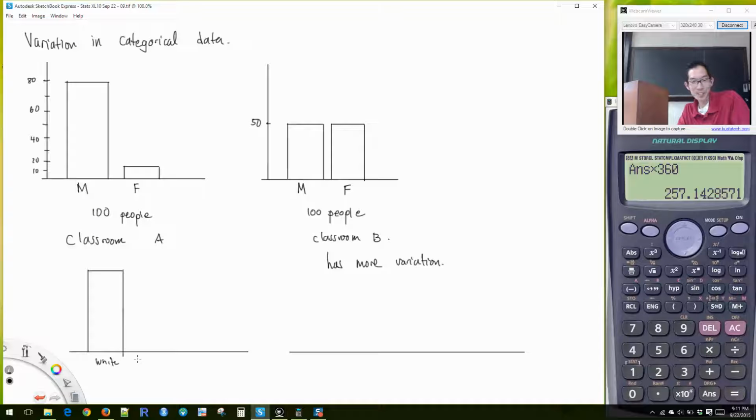Let's say we have different races here. So we got white, black or African American, Asian, and Hispanic or Latino. And anybody who doesn't fit any of those categories, we'll just leave it as other. Then you go to Utah, it probably will look something like this.